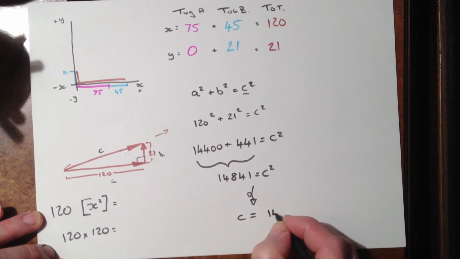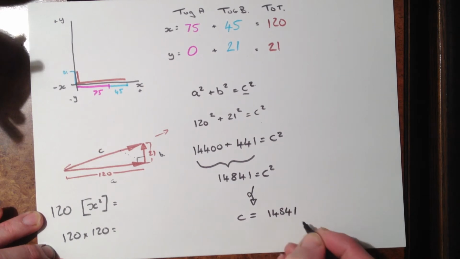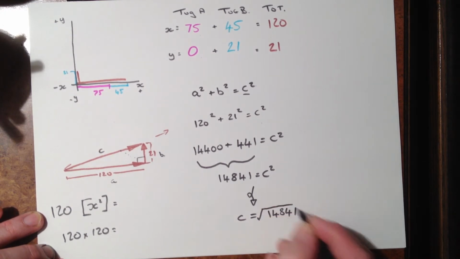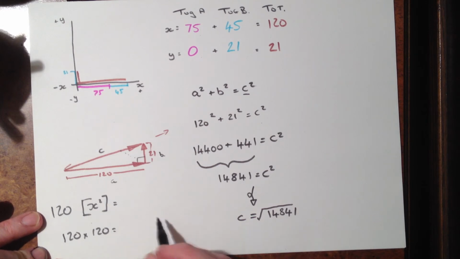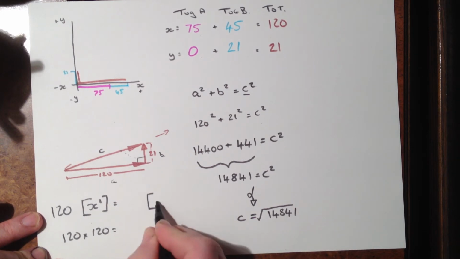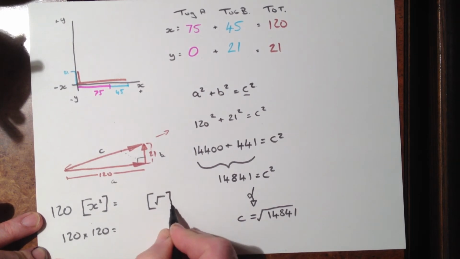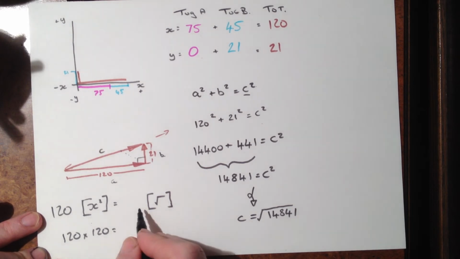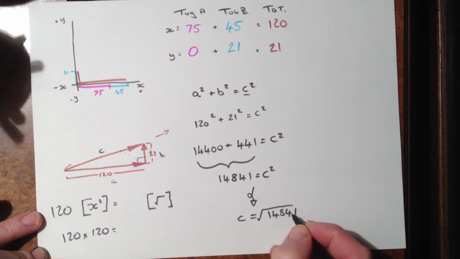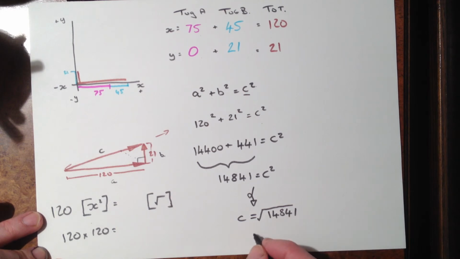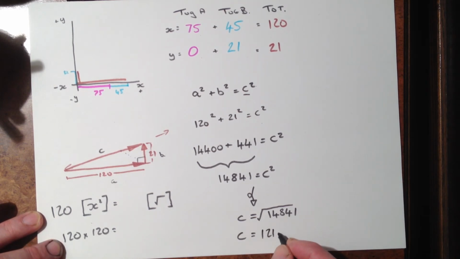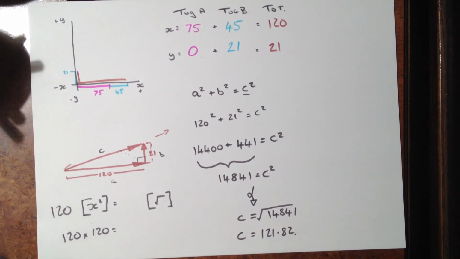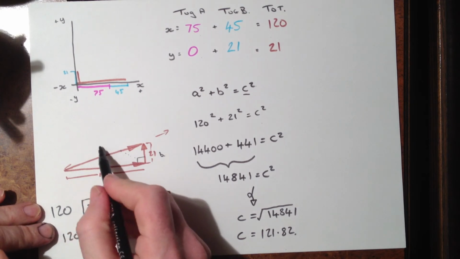And the 14841, we're just going to produce a square root. On your calculator, you'll find there's a key that looks like that, and that will give us a square root. So the square root of 14841, tap into your calculator, is 121.82. And that is now this figure here.